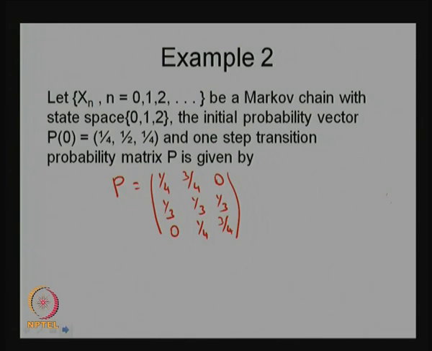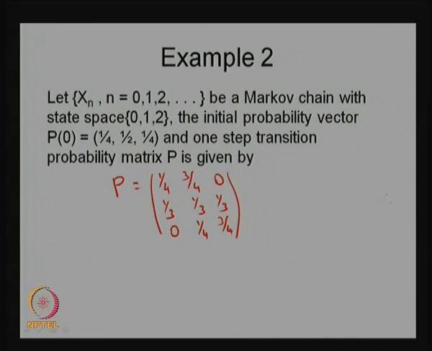This is an abstract example in which X_n is a discrete time Markov chain. The default discrete time Markov chain is always time homogeneous. So, this is a time homogeneous discrete time Markov chain with the state space 0, 1 and 2, and it is provided with the initial probability vector P0, that is 1/4, 1/4, 1/4... so the summation is going to be 1.